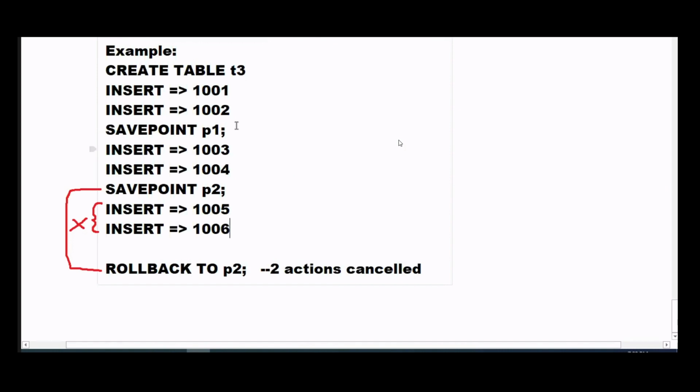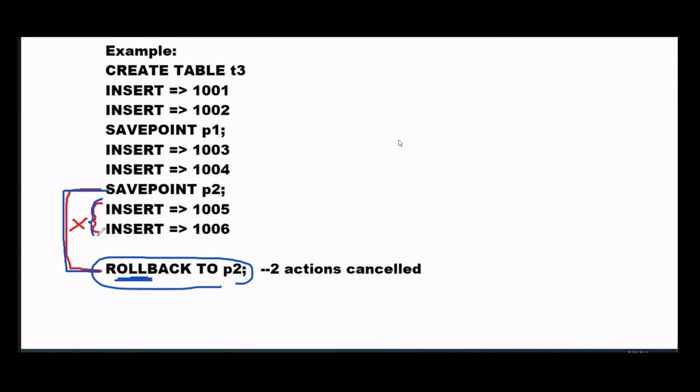Listen to my statements clearly. Roll back to P2 means from this rollback command till the P2 point, whatever actions are there in the middle, those actions will be cancelled.